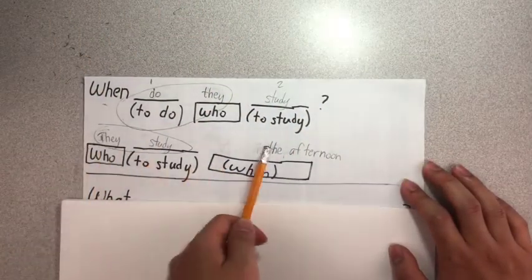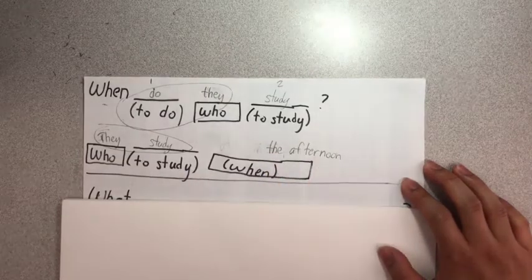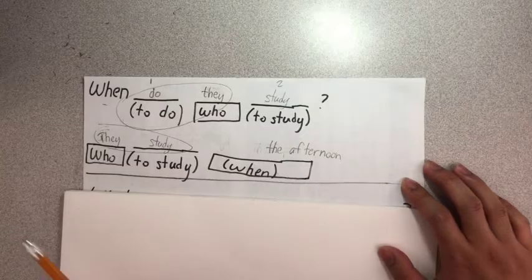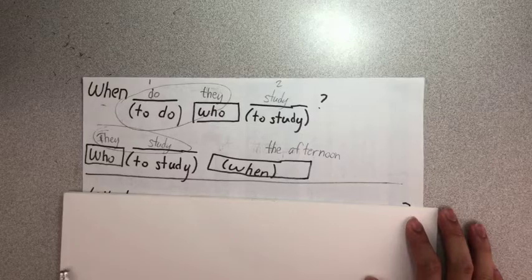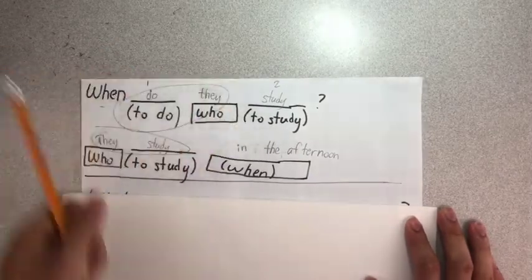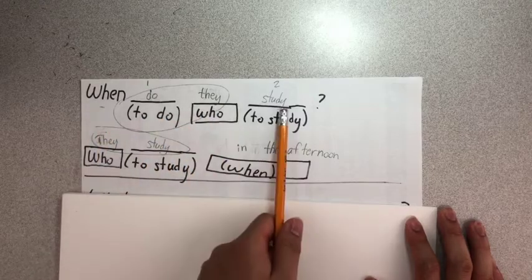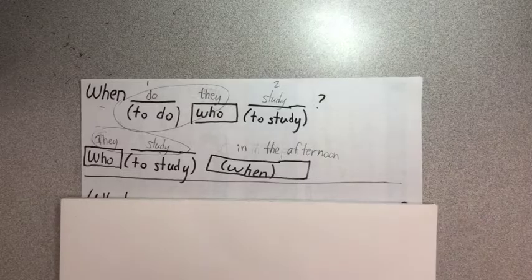They study in the afternoon. The afternoon is a part of the day. So do we use at, in, or on for a part of the day? We use "in." When do they study? They study in the afternoon.